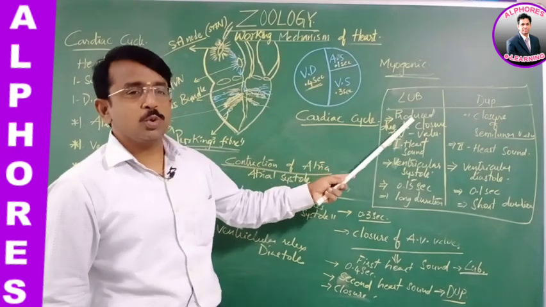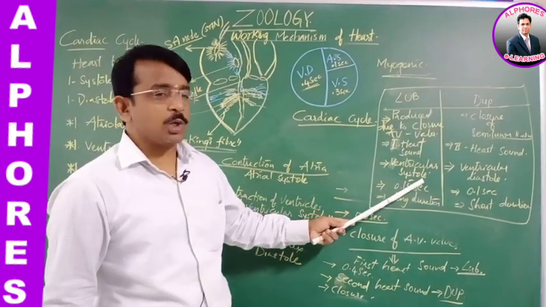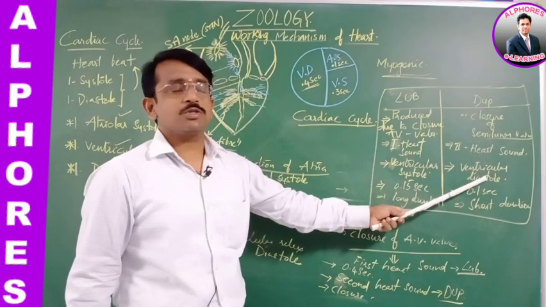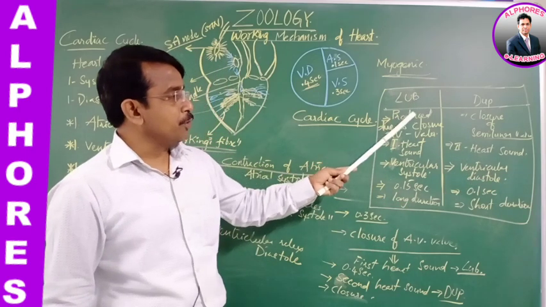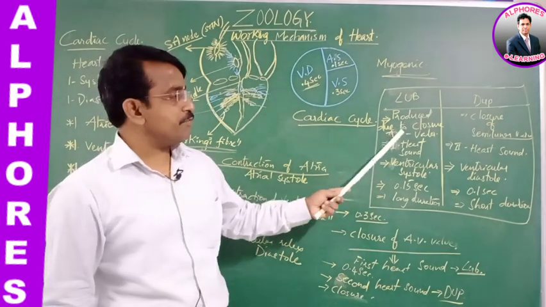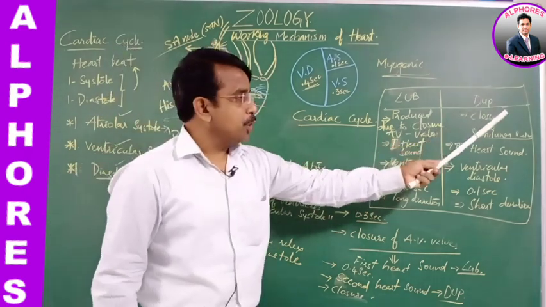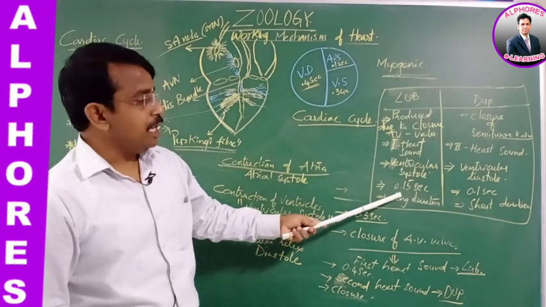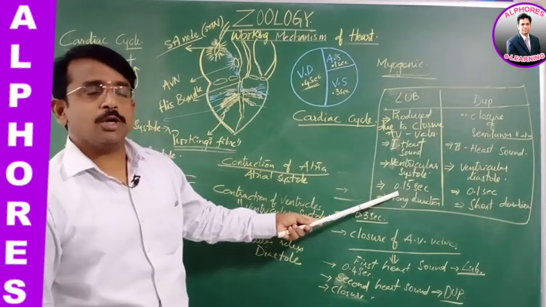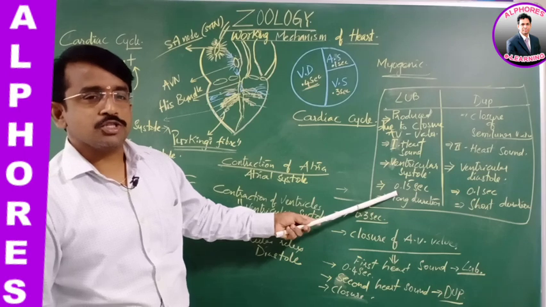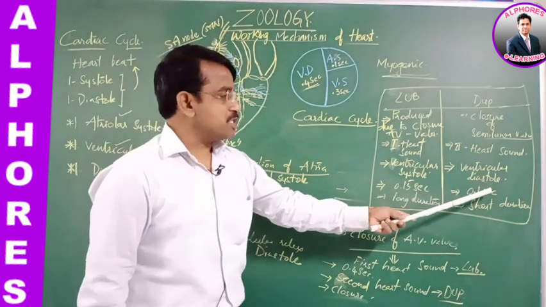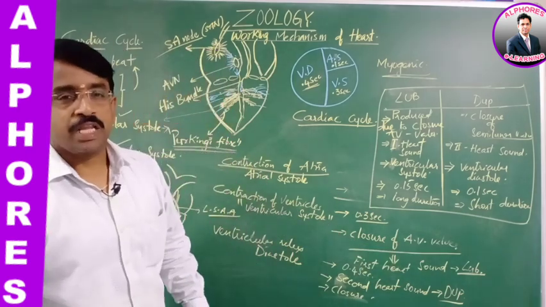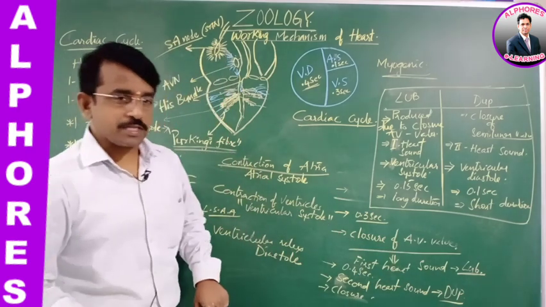Lub is produced during the ventricular systole, whereas dub during ventricular diastole. Lub is produced due to closure of AV valves, dub due to closure of semilunar valves, and lub is for a longer duration, 0.15 seconds, whereas dub is for 0.1 second, a short duration. So this is what we do discuss.